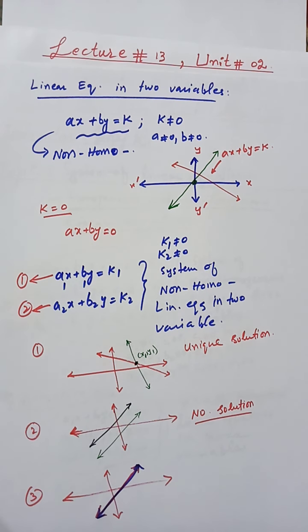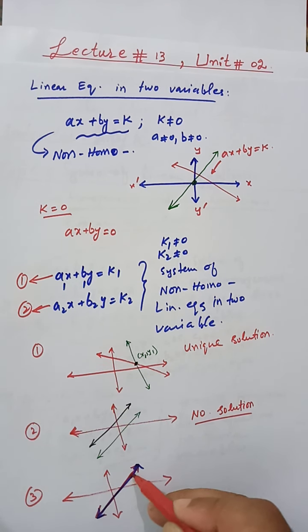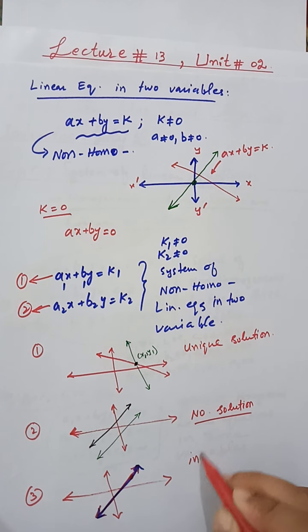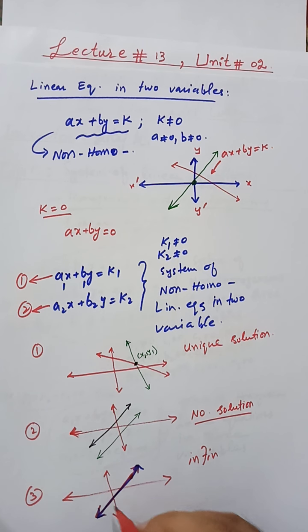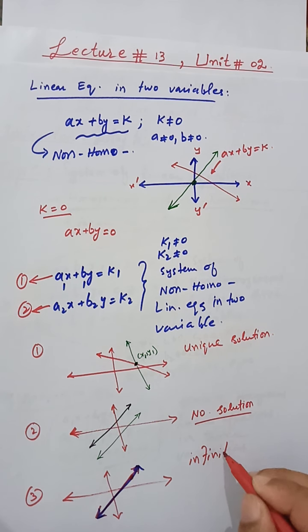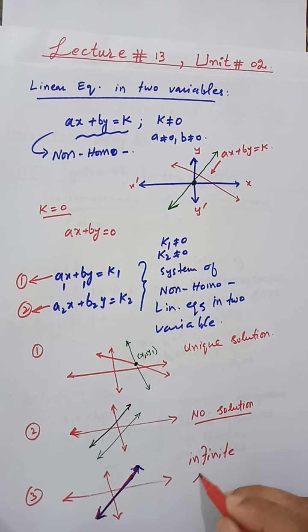In that case there are infinitely many intersection points, meaning all points are intersected with each other on both lines. So in this case we have infinite solutions. Each point that lies on this line, which is actually two lines lying on each other, will satisfy the given equation.